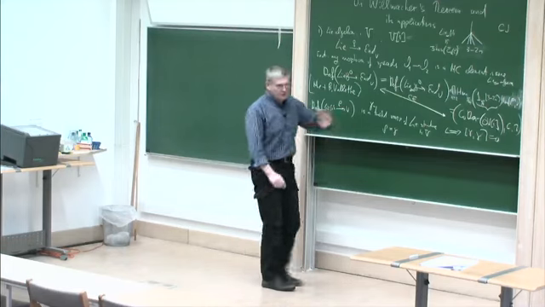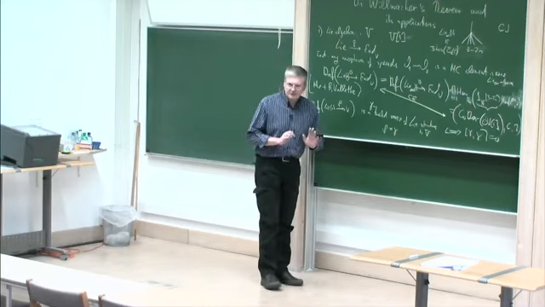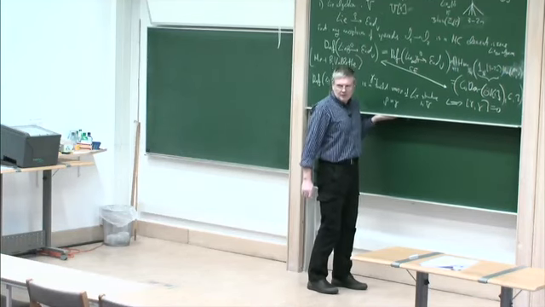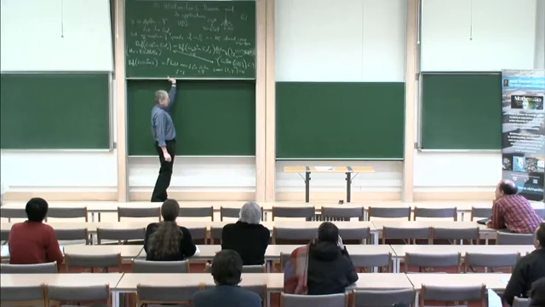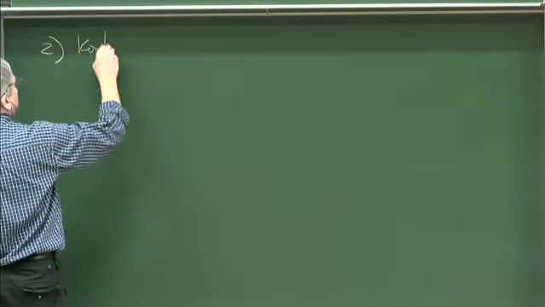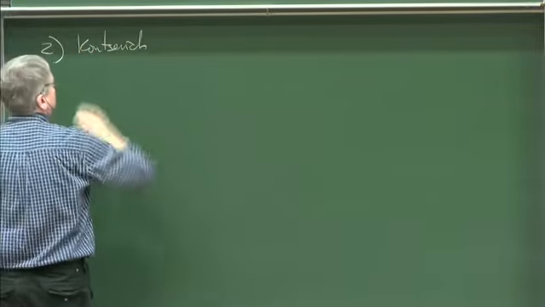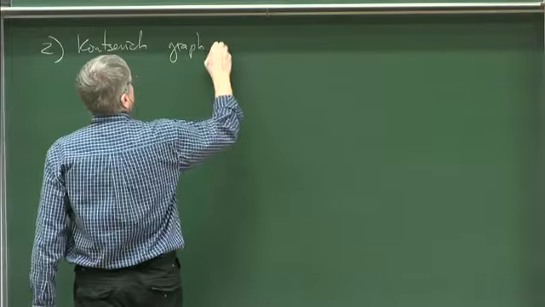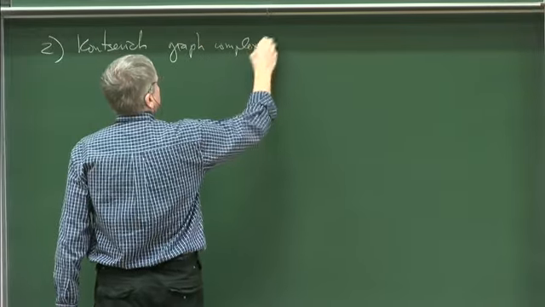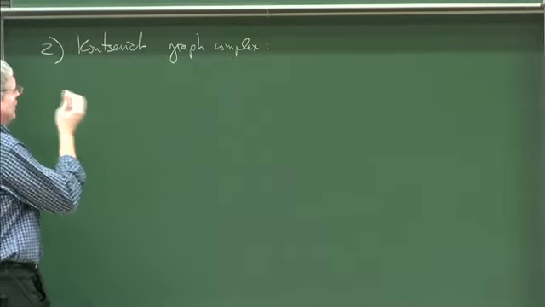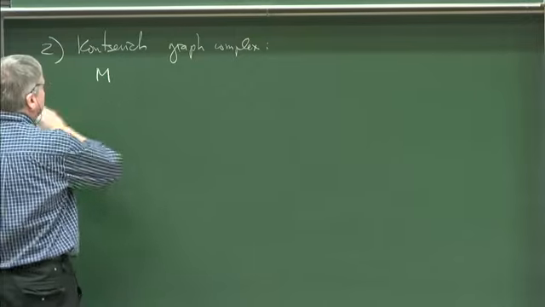Now, this is a general thing. Now we go to polyvector fields. And this is a story, in fact, due to Kontsevich, which I'm going to tell. He invented this. So what Kontsevich looked at was the graph complex. In general, let me start with any manifold.